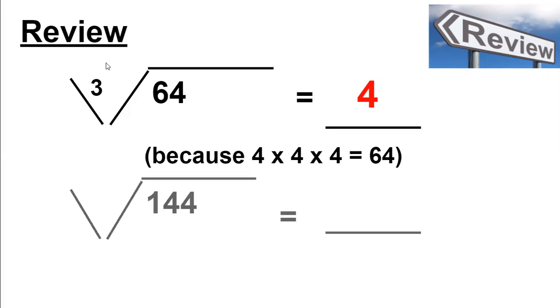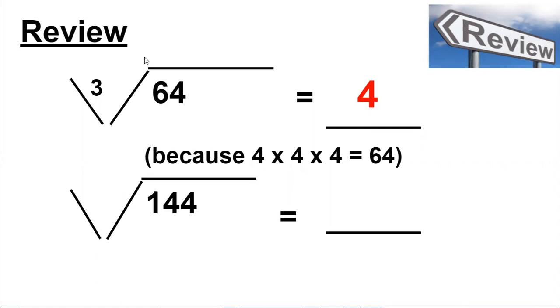This one is a square root. How do I know it's a square root? Because the little number 2 usually is not shown in a square root. We just assume it's a 2. That means what number can you multiply by itself twice to give you 144? Think of your doubles in math. 1 times 1, 2 times 2, 3 times 3, 4 times 4.